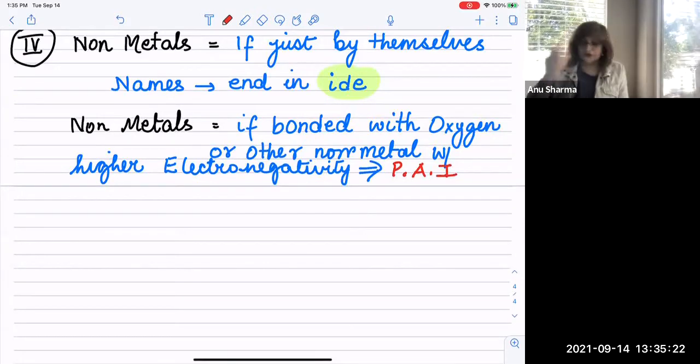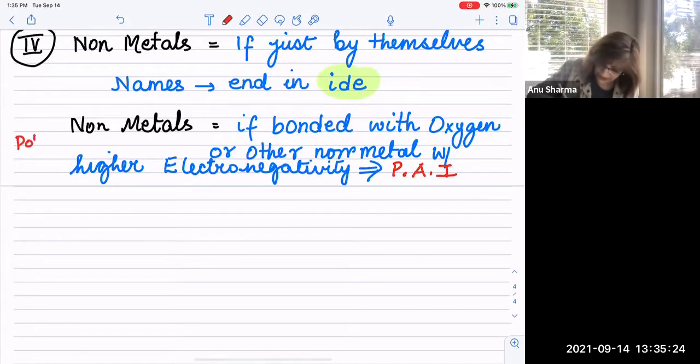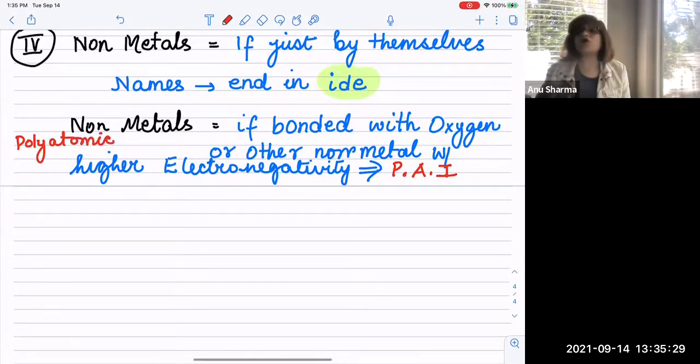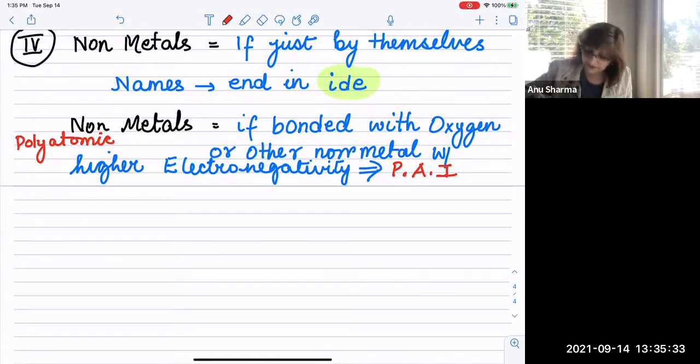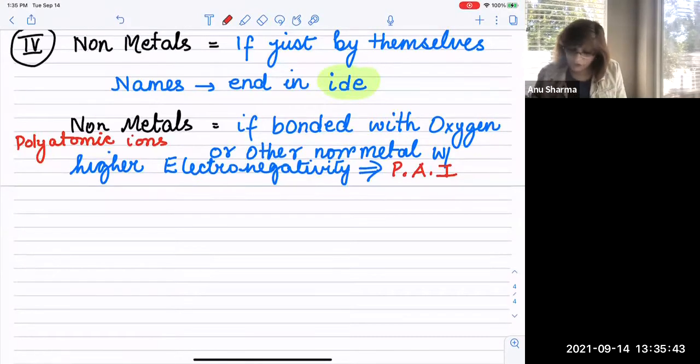Okay, so non-metals that form polyatomic ions combine with either oxygen or another non-metal with a higher electronegativity. Then they will form a charge, right? Non-metals bonded with oxygen or other non-metal with higher electronegativity will be polyatomic ions.